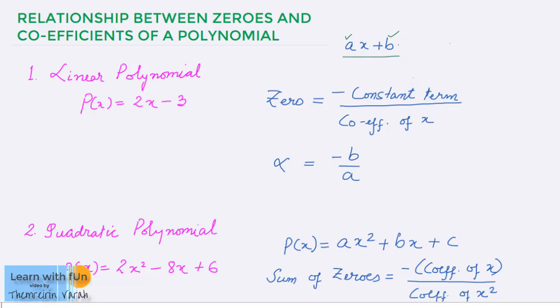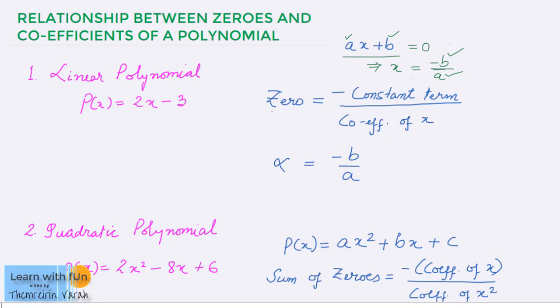To find the zero, we simply equate this polynomial to zero. Then x will be equal to minus b by a. So the zero of this polynomial is equal to minus b, the constant term, divided by a, the coefficient of x.